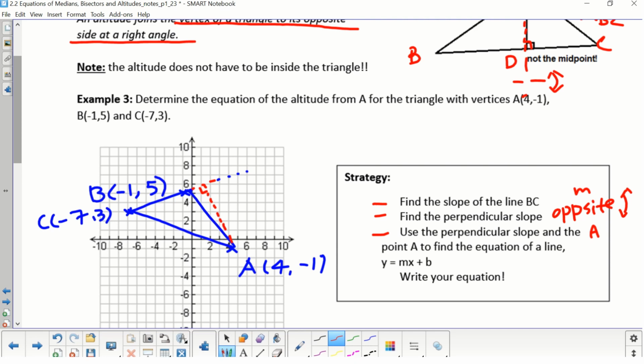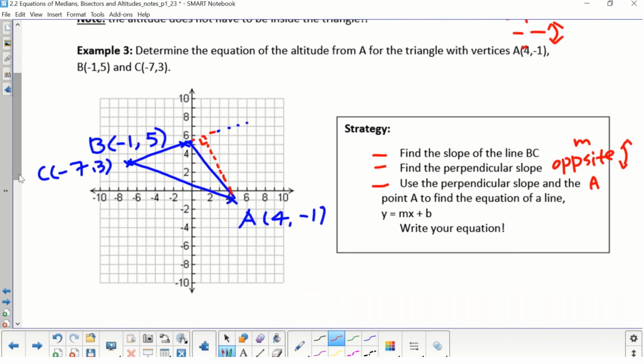Okay, so first, we want to find the slope of BC. Can anybody give me the slope of BC? Slope of BC equals what? Dominic? -1 plus 5 divided by 2.